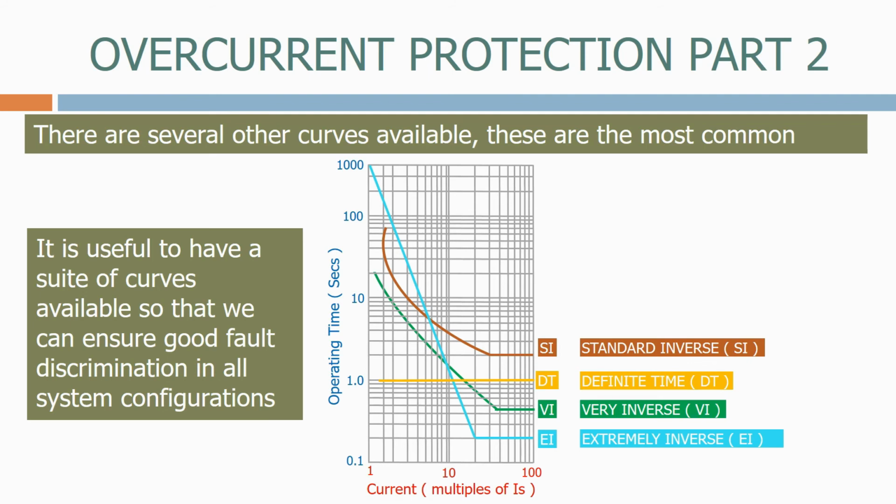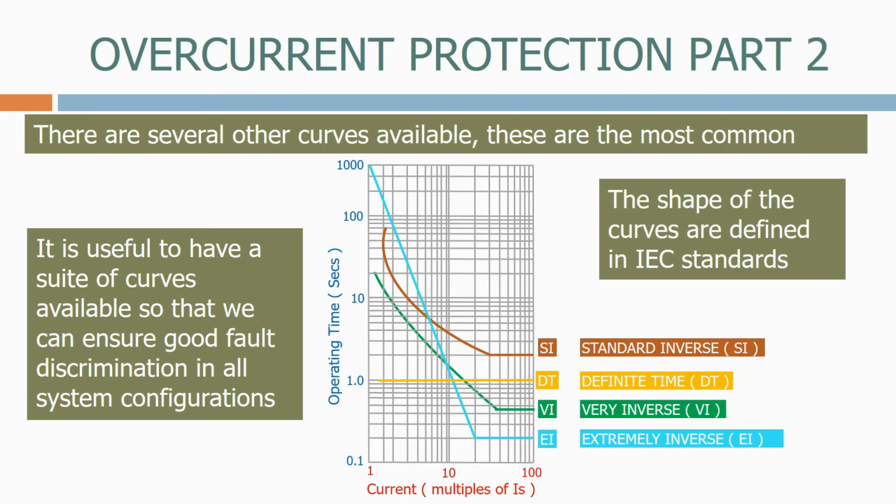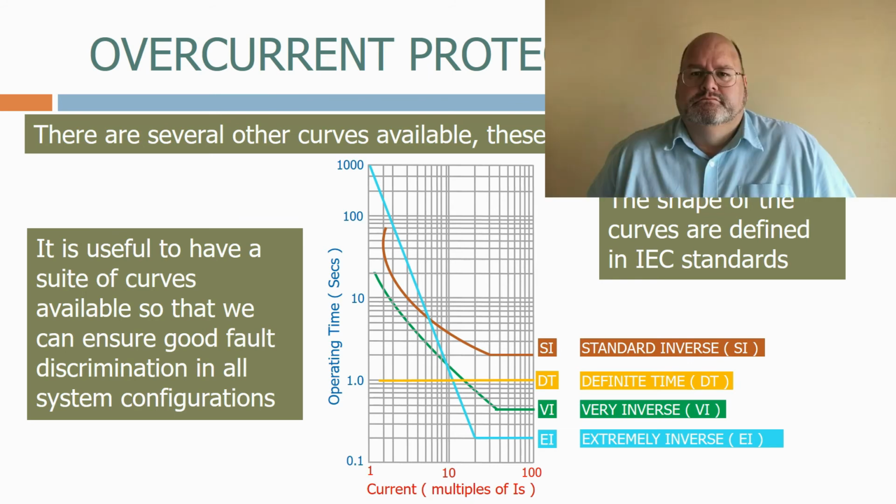It is useful to have a suite of curves available so that we can ensure good fault discrimination in all system configurations. The shape of the curves are defined in IEC standards. This is just a sample of the curves available.